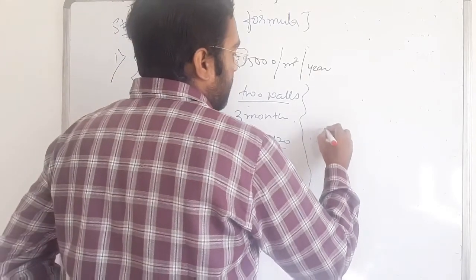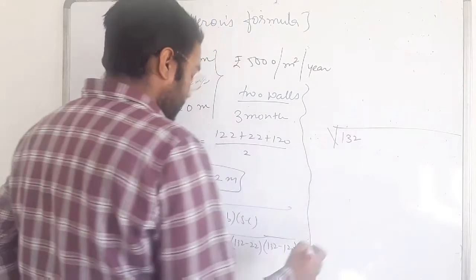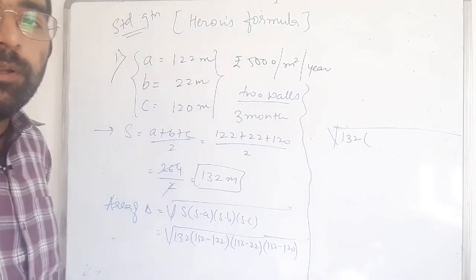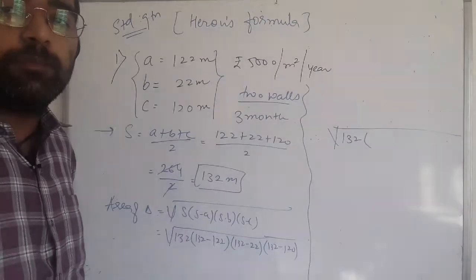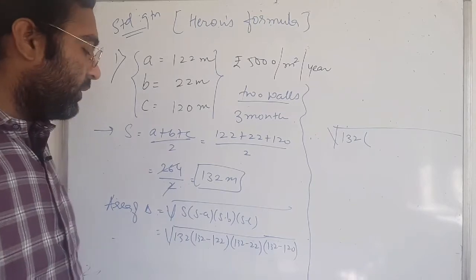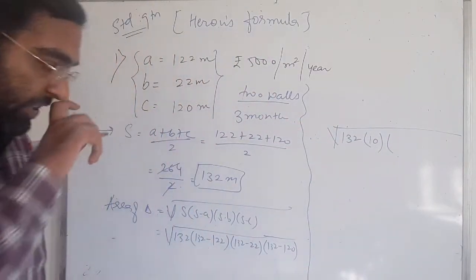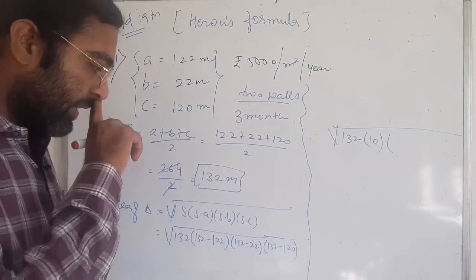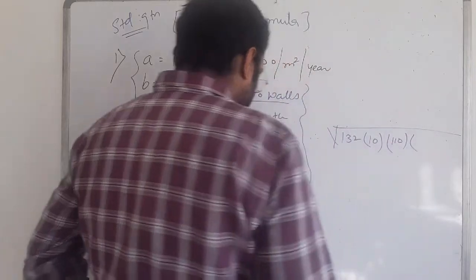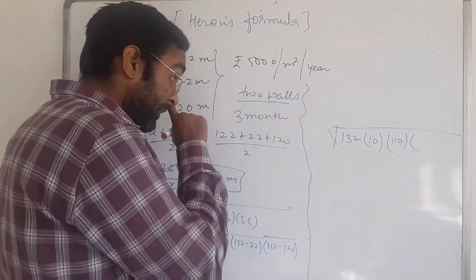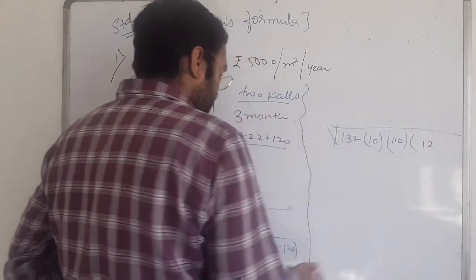In the square root there is 132 into 132 minus 122, which is 10, and 132 minus 22, which is 110, and 132 minus 120, which is 12.